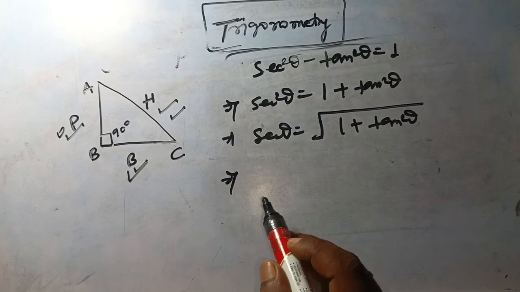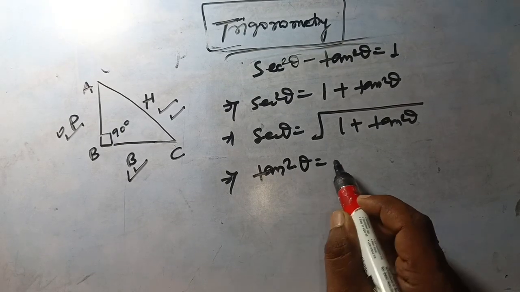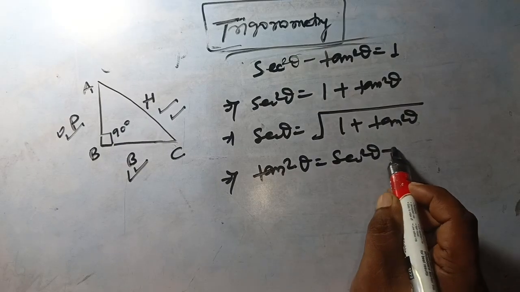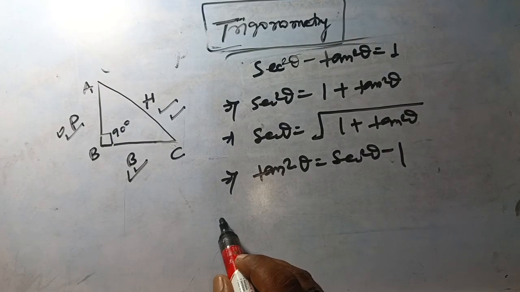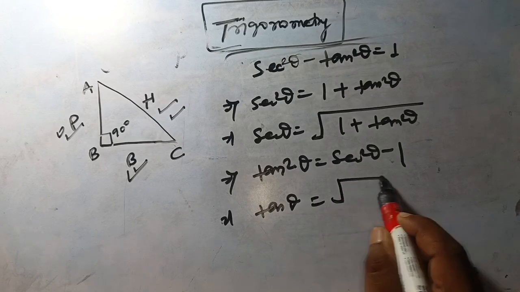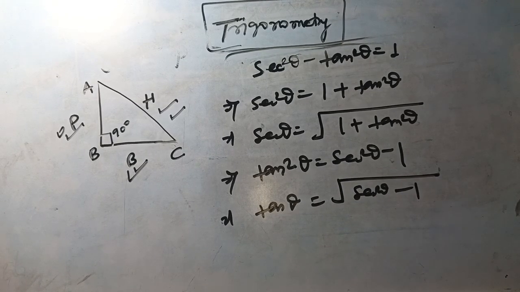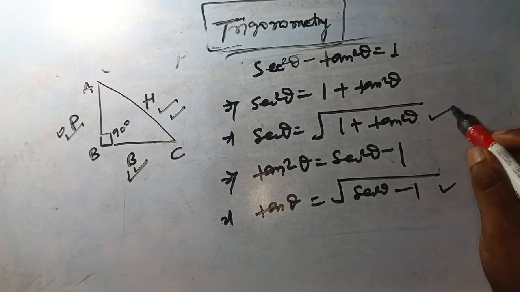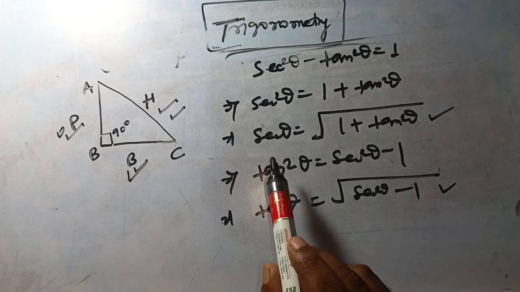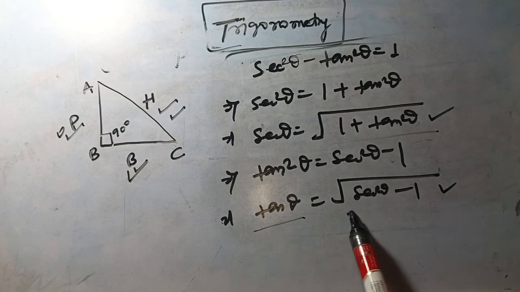Now from here we can calculate tan square theta is equal to sec square theta minus 1, and tan theta is equal to root under sec square theta minus 1. So in this formula we also have to be very careful, as sec theta is equal to root under 1 plus tan square theta, but tan theta is equal to root under sec square theta minus 1.